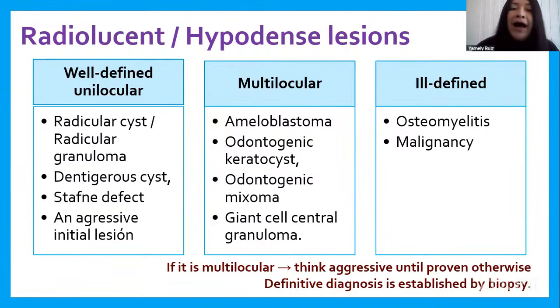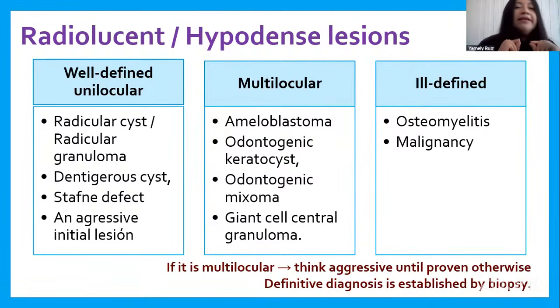In this group, we have some entities like ameloblastoma, odontogenic keratocyst, odontogenic myxoma, and the giant cell central granuloma. And the third group are ill-defined radiolucent hypodense lesions. In this group, we have some entities like osteomyelitis and malignant lesions.